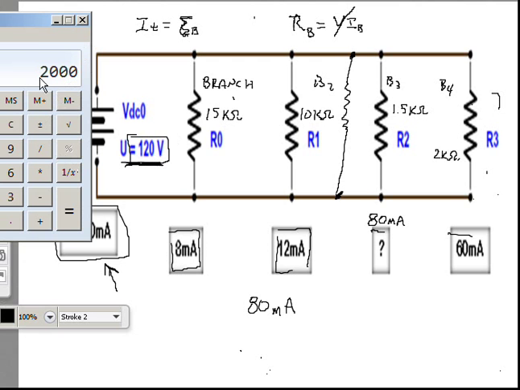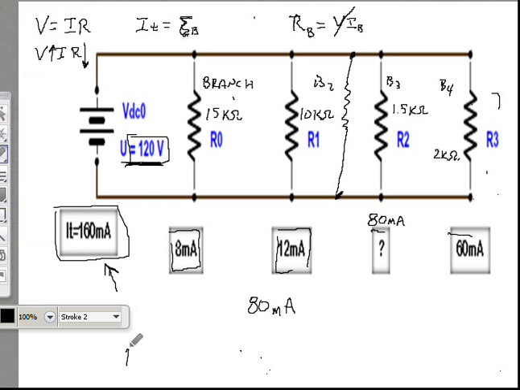So we're going to do it two ways. We're going to use the total Ohm's law method, where our equivalent resistance for the circuit is going to equal total voltage over total current. Remember, total is different than individual branch as you're writing it down.